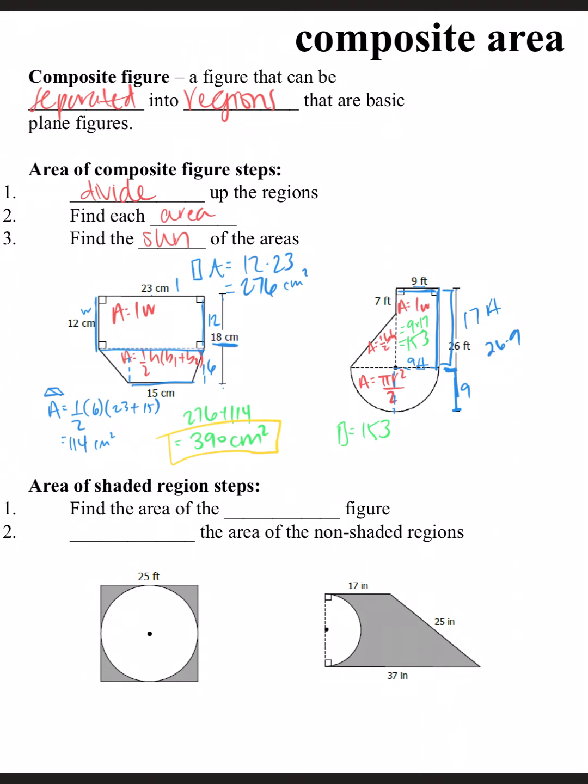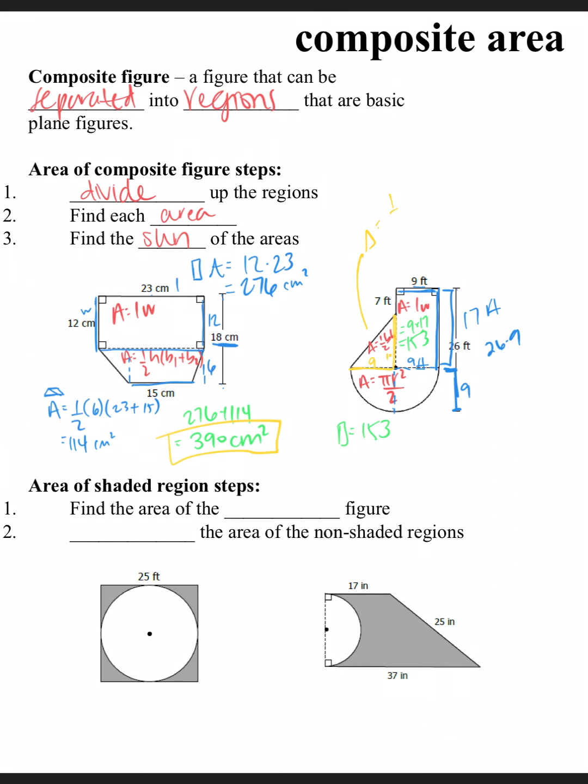Okay, let's look at our triangle. The base right here is a radius of our semicircle, so that's 9 feet. Our height is here. We know the total side of this rectangle is 17. This part is 7, so the part that's connected to my triangle is 10.